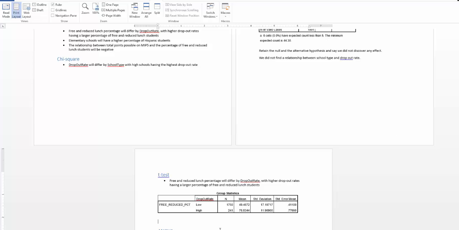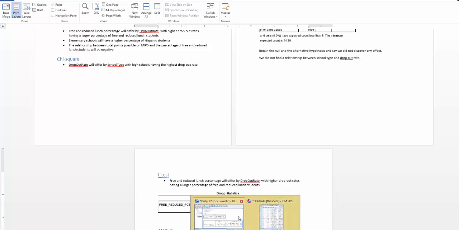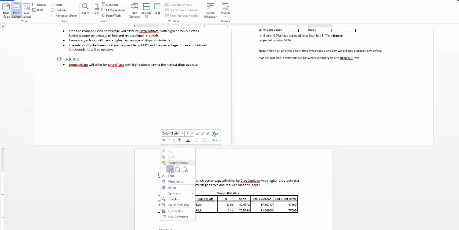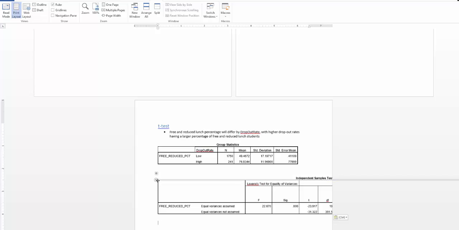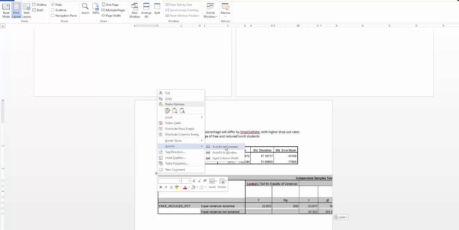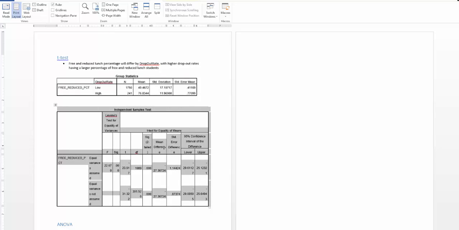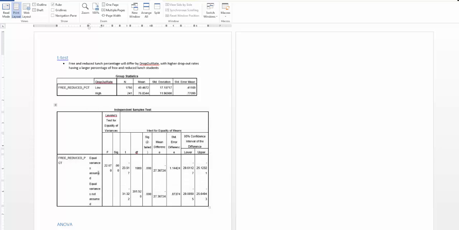And we'll go back to our output. And paste it. And this is going to be way too big. We'll see if we can reduce the size of this. Okay, we're going to auto fit the contents, and we'll clean this up just a little bit.